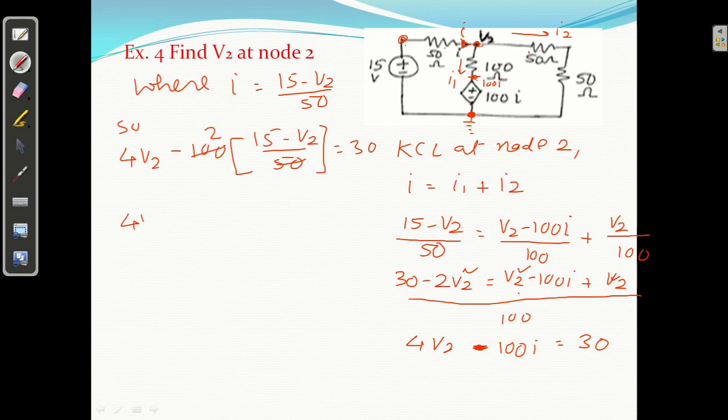So what will we get? 4 V2 minus 30, right? 15 into 2 is 30. This minus minus gives plus 2 V2, plus 2 V2 equals 30. So what will we get? 6 V2 equals 60. Why? The 30 goes across and becomes plus, so V2 equals 10. I am getting V2 equal to 10 volt, and I was asked to find V2. So yeah, this is the answer.